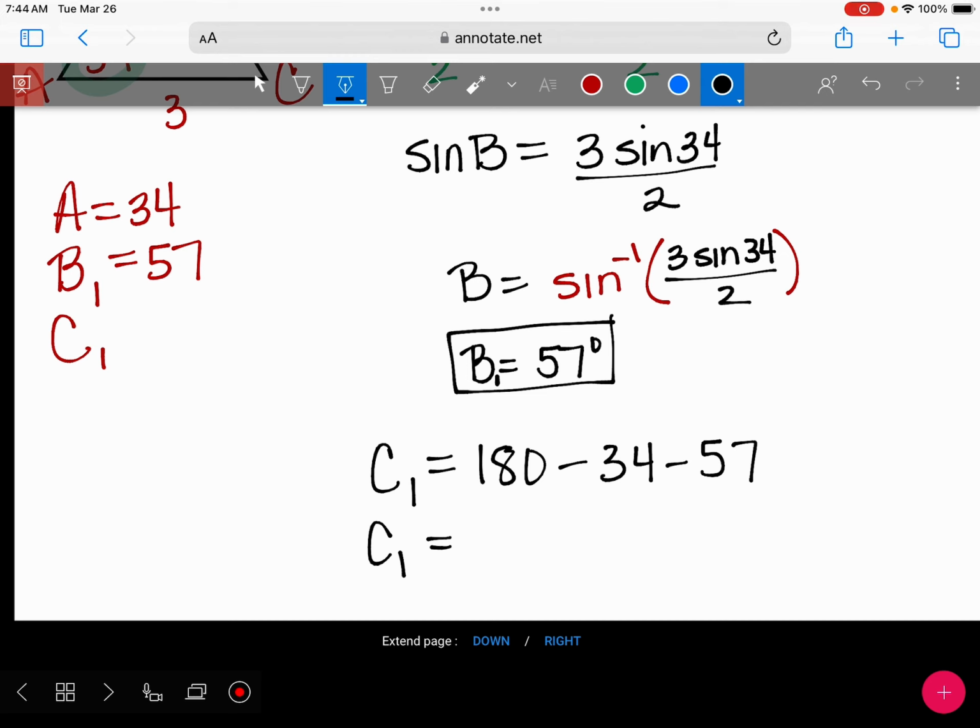And what did you get for angle C? 89 degrees. Who got 89 degrees?